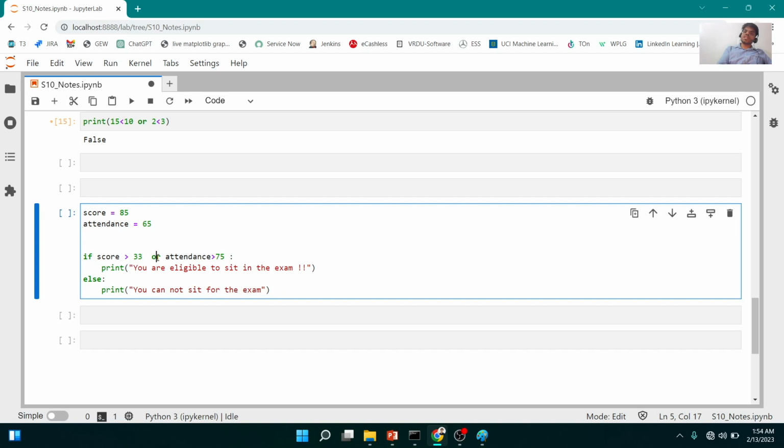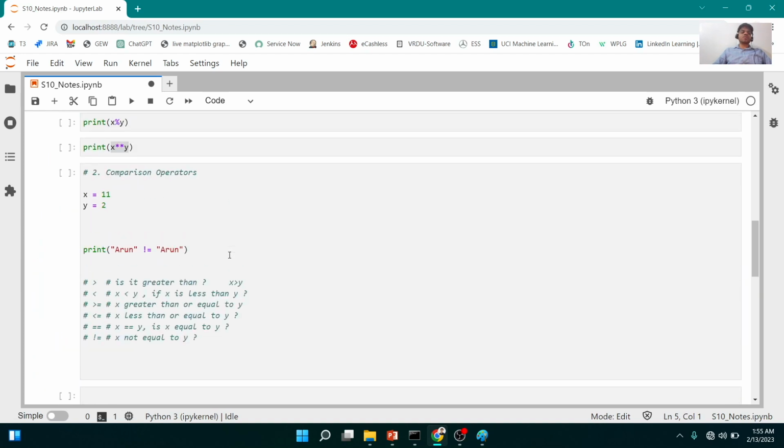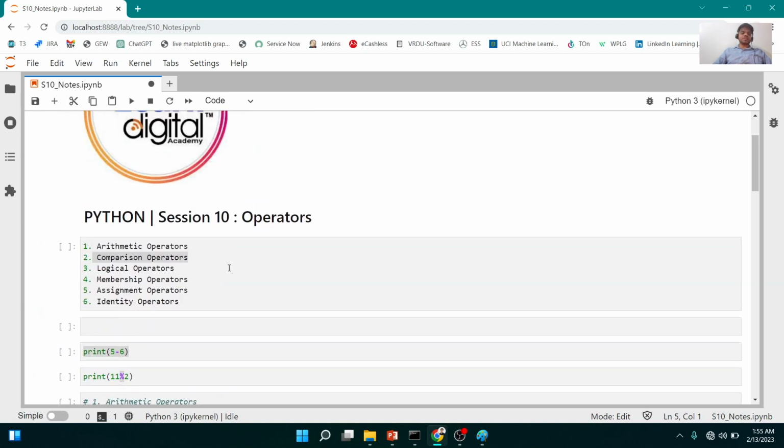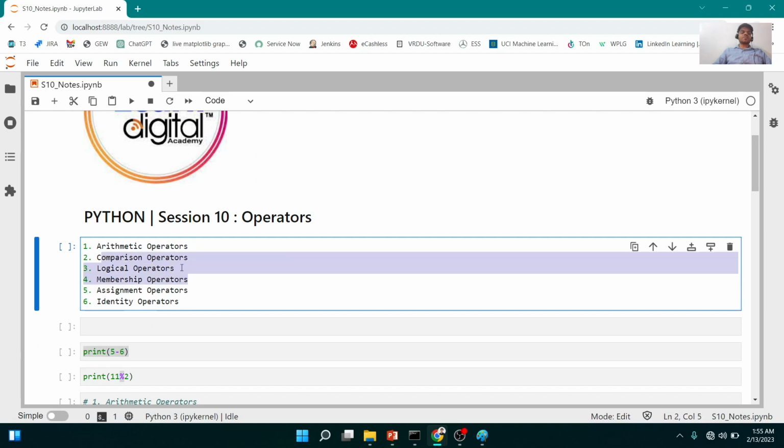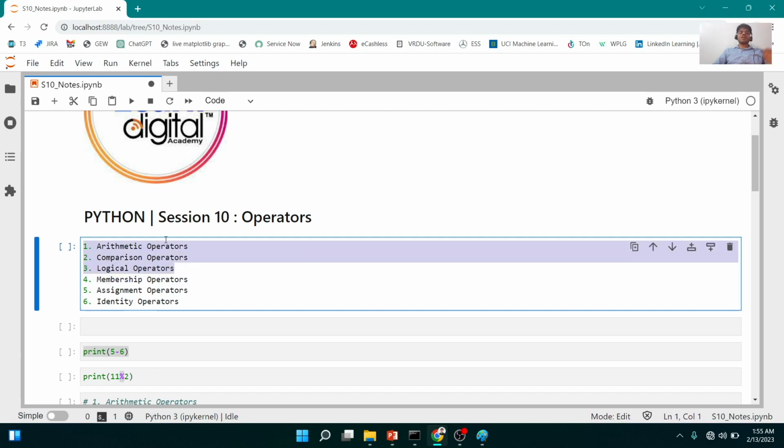And why would you need to write conditions or comparisons in code? Because based on that is only what you're going to take the decisions. All right, perfect. So that was all about comparison operators. So far we have covered three of them. What is arithmetic? Arithmetic are the symbols like plus, minus, multiplication, exponential, or modulus, which help you do the arithmetic operation on the data.